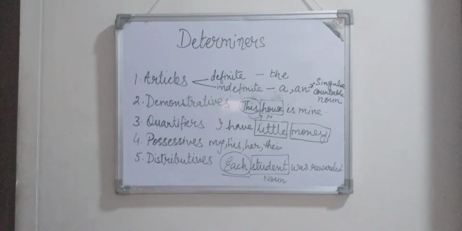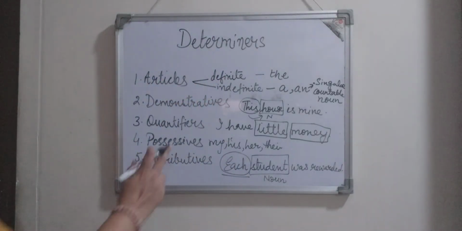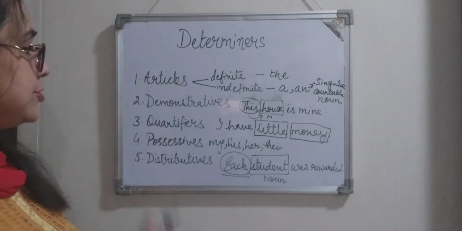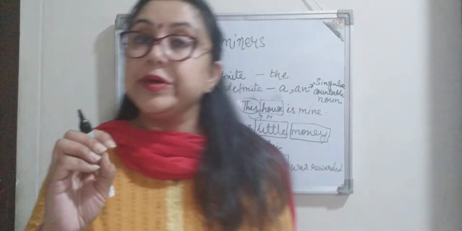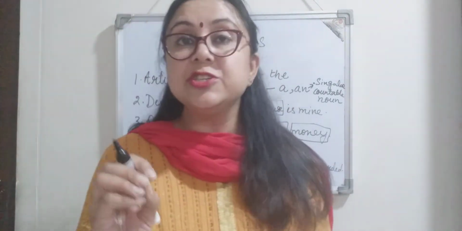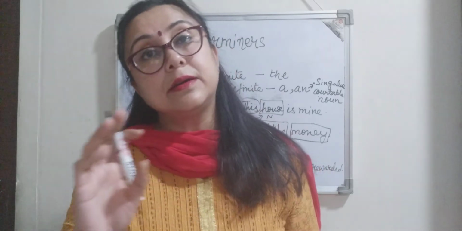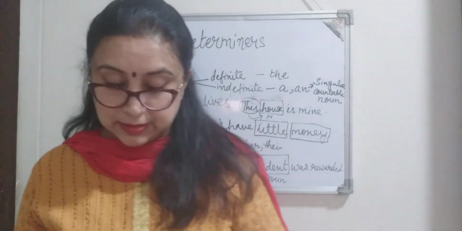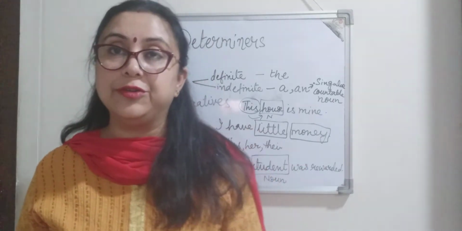Next, possessives. Possessives are those words which show possession, and distributives, the words which point out each individual in a complete group, right? So I hope this topic is very clear to all of you.